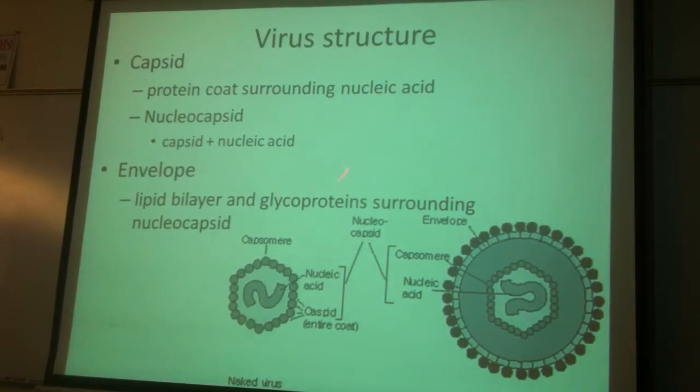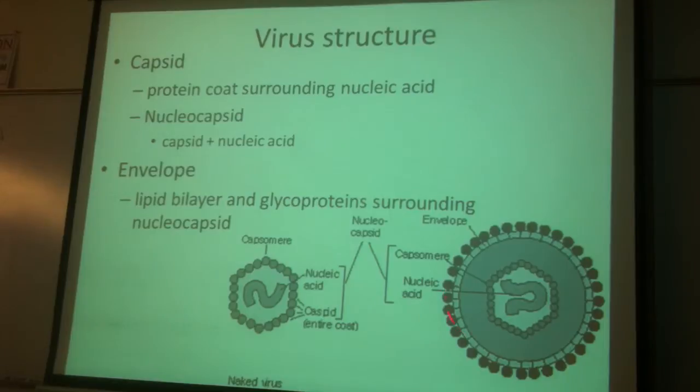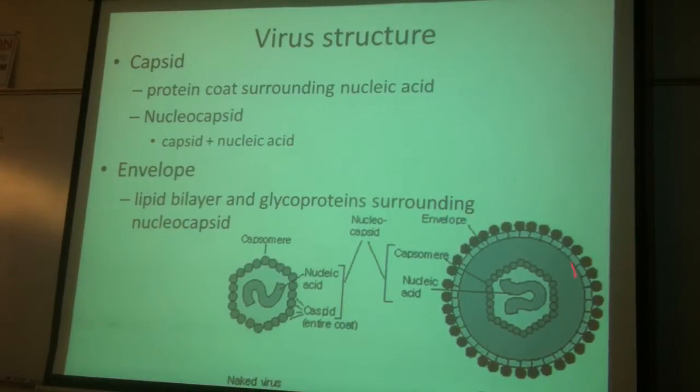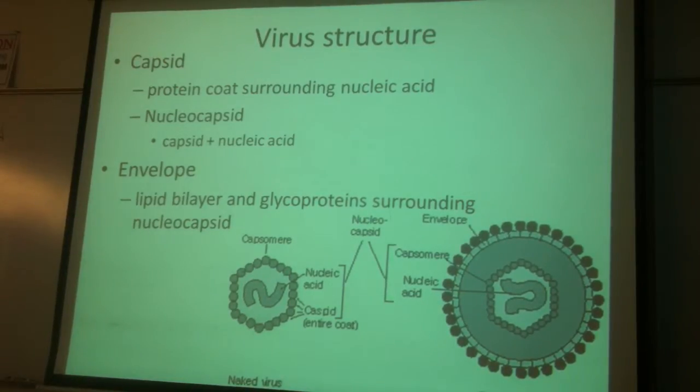If you have the nucleic acid plus the capsid, it's called a nucleocapsid. And then we have envelopes. A lot of times that will cover this. So you have your capsid, which has your information inside, and then you have envelopes around it, so that way it's even more protected. These envelopes differ from virus to virus, in what they have and how they have it.